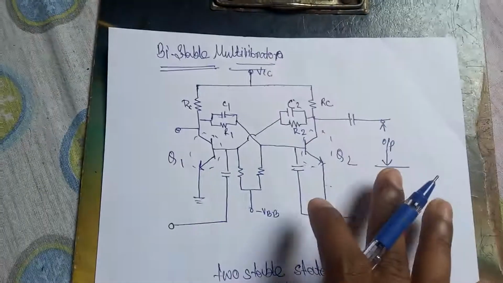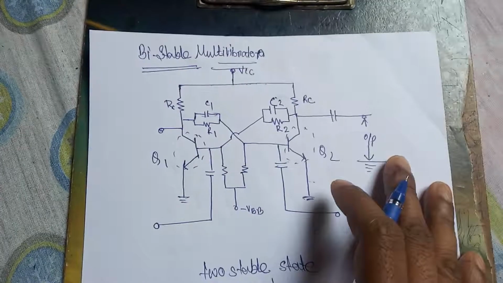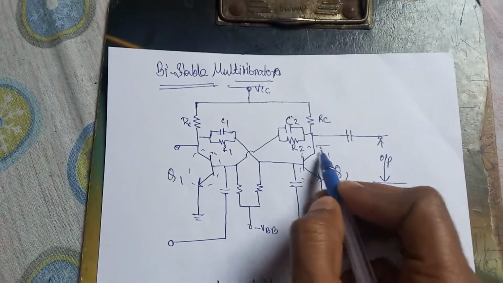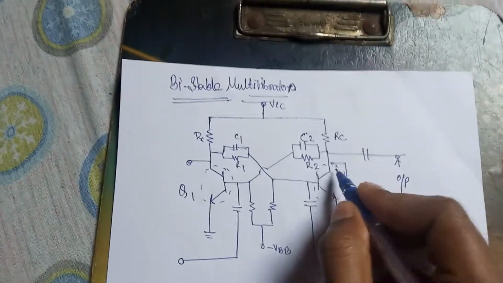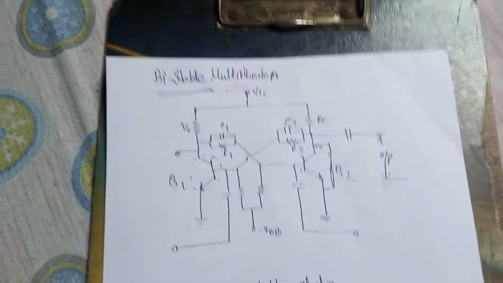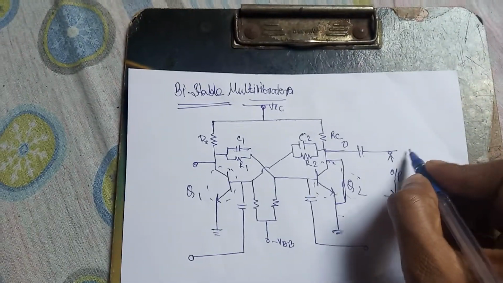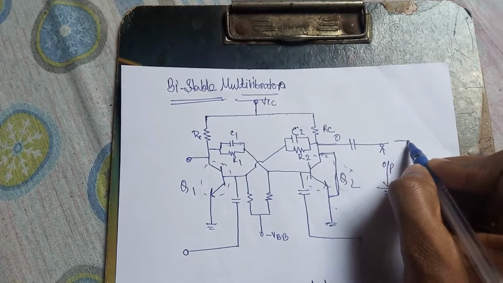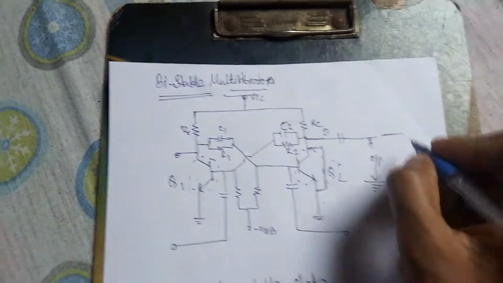This is the basic circuit diagram of the bistable multivibrator. Clear? First of all, assume the transistor Q2 is in the working state, that is, in the on state. So it is in saturation. As transistor Q2 is in saturation, the output voltage will be 0 or minimum. So the output of transistor Q2 is 0.